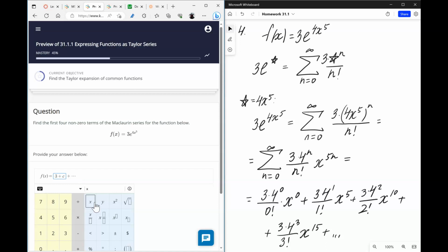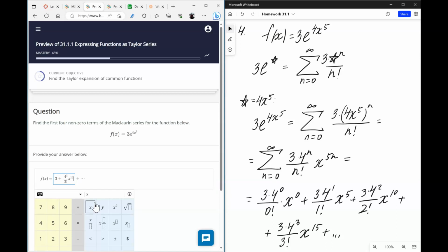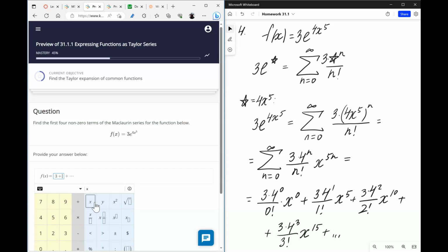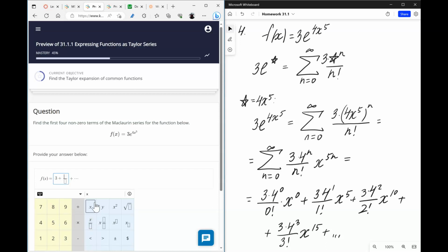I'm just going to use this as a template. 3 times 4 to the power 1 over 1 factorial times x to the power 5. I'll use this as a template.